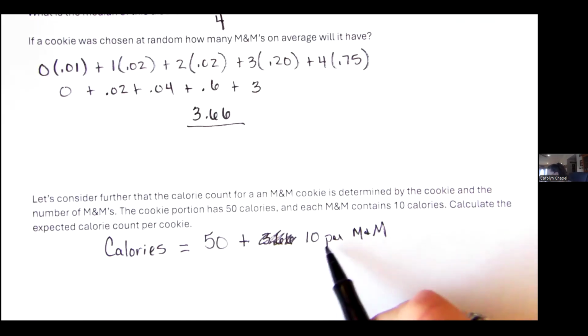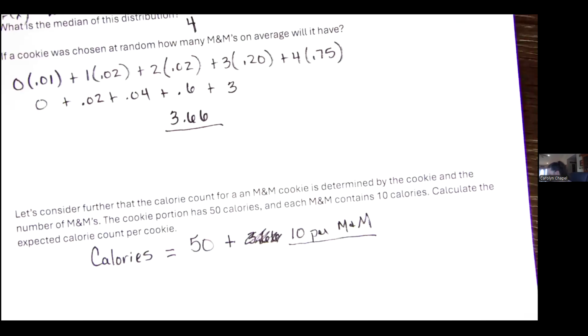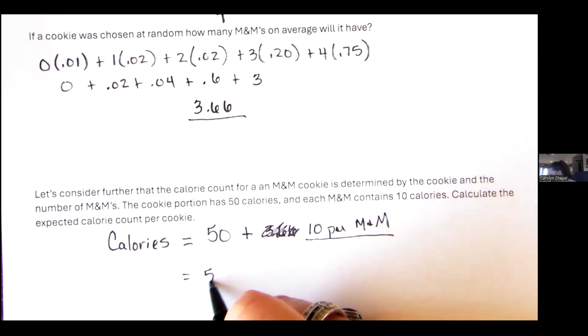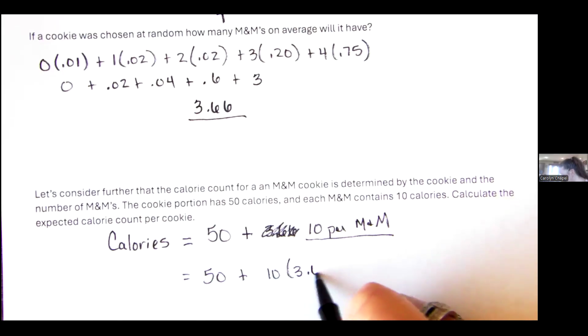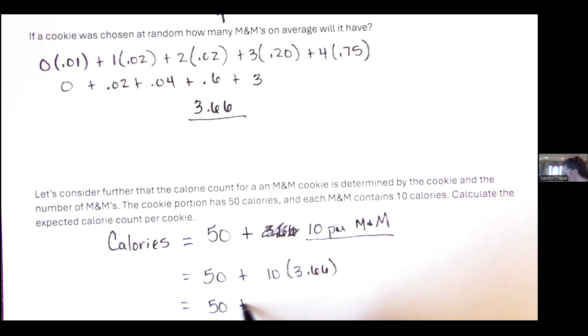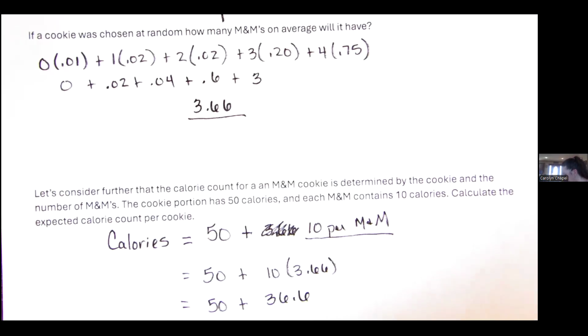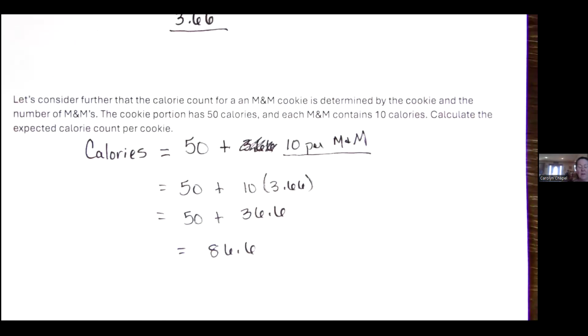So I'm going to put that into this piece here. So their calories would be that 50 plus our 10 times the 3.66, remembering we multiply before we add. So each cookie would have roughly 86.6 calories. So that would be how we would do that.